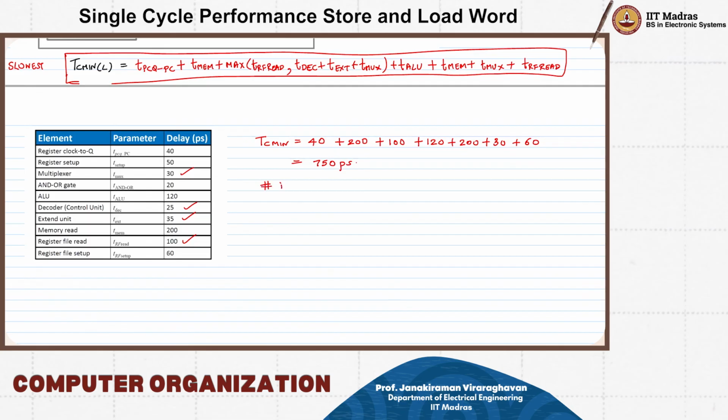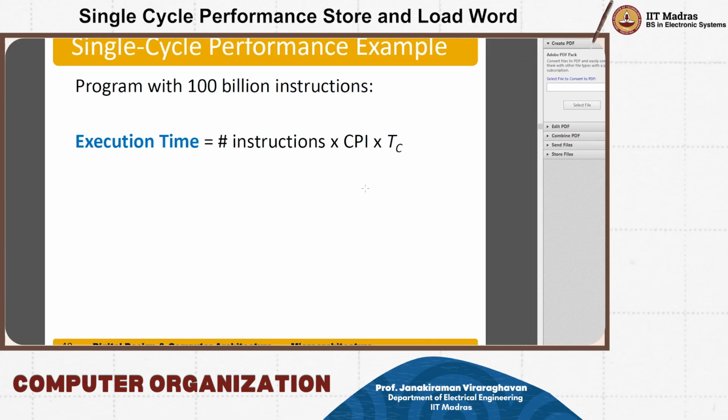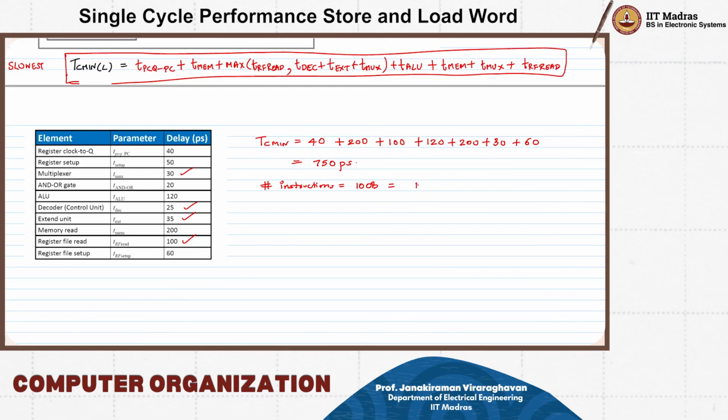The number of instructions is 100 billion instructions in the example that we have considered. Yes, so it is 100 into 10 power 9.